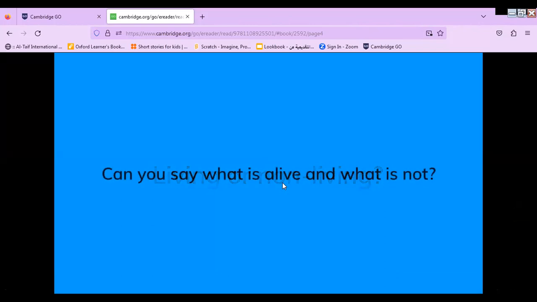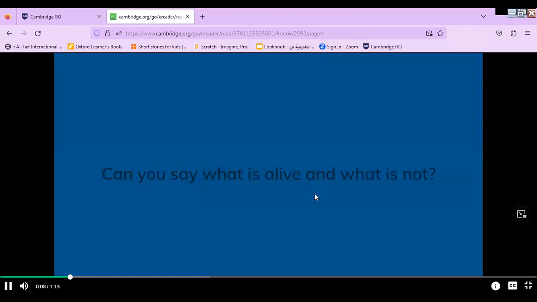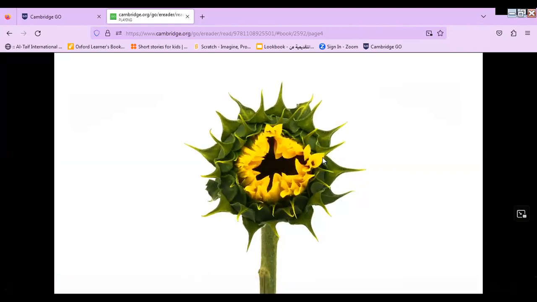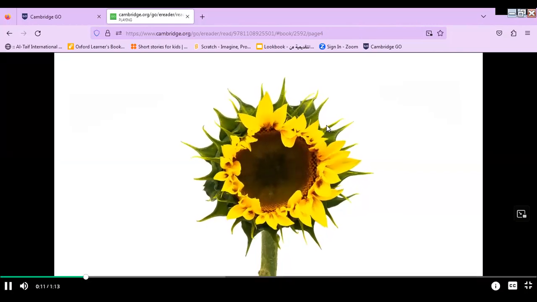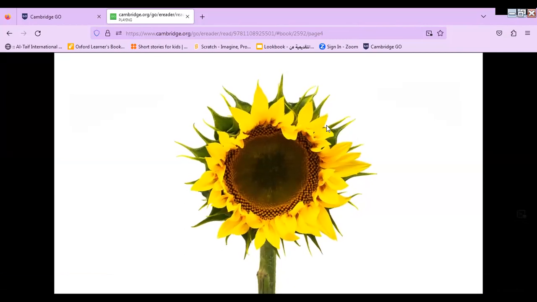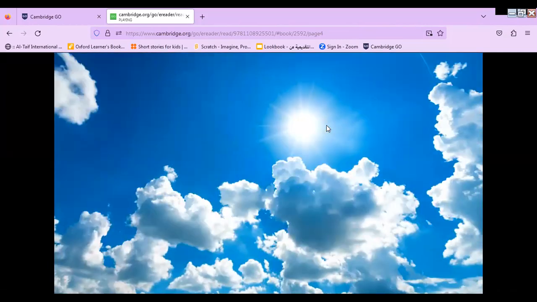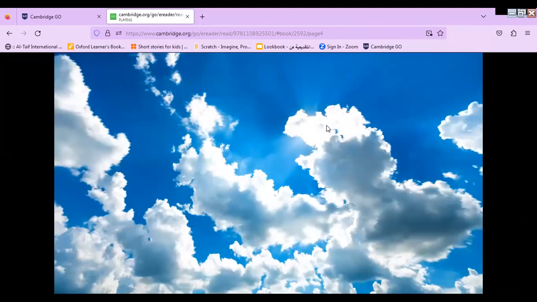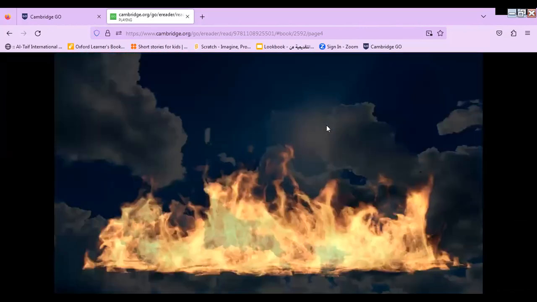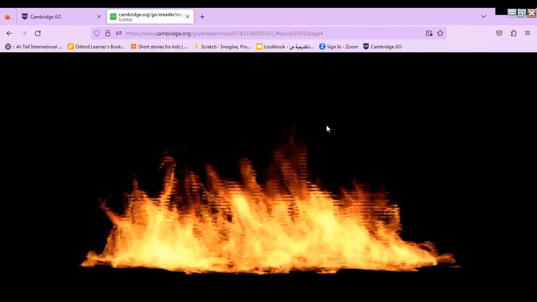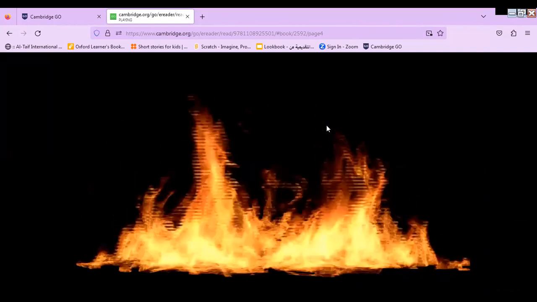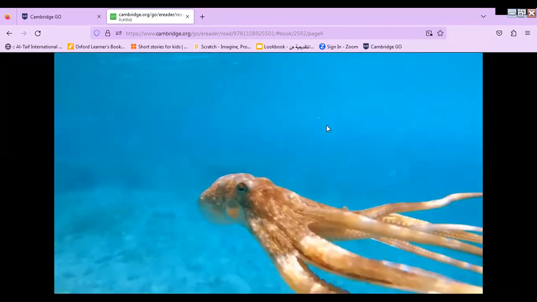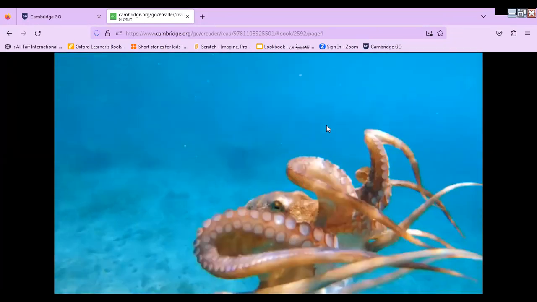So we are going to see living or non-living. Can you say what is alive and what is not? The sunflower opens and shows us its colors. The clouds can make many different shapes. The fire gives us heat and light. The octopus swims in the sea.